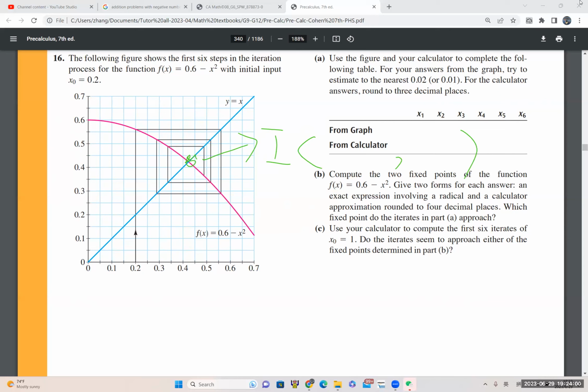Neil, could you find the answer? How to get this intersection point? Just make the two equations equal to each other. Oh yeah, how? Could you write the equation?